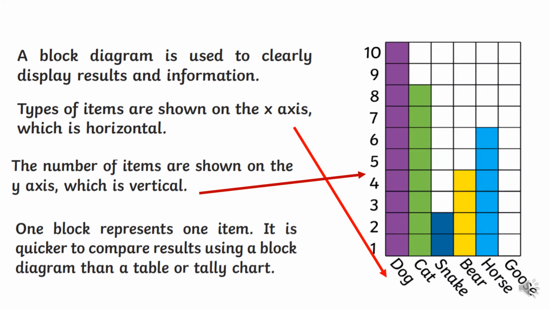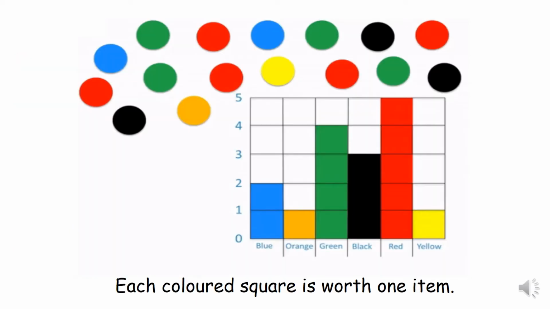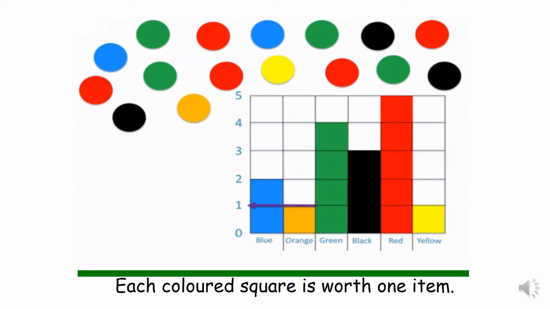And on a block diagram, one block, so one square, represents one item. And it's really helpful because block diagrams help us to compare results. So we can look at them and instantly see that dog has the most and goose has the least because there are none.